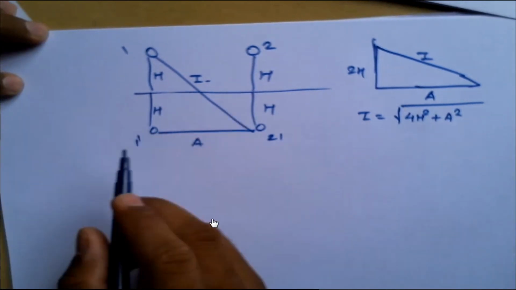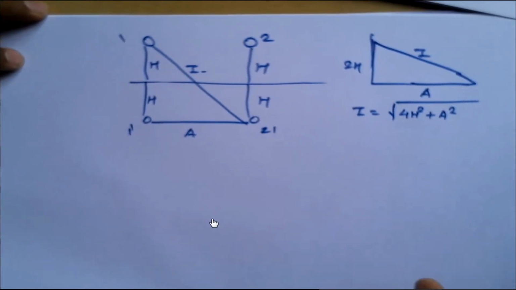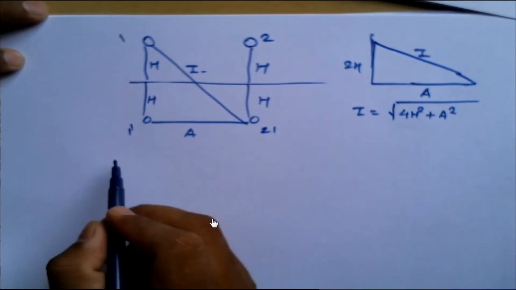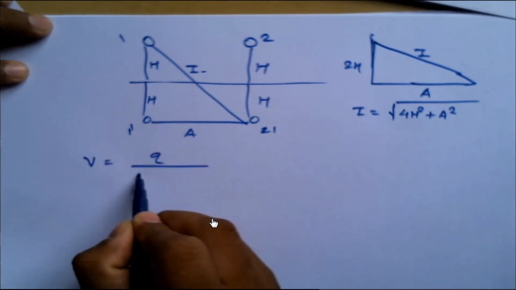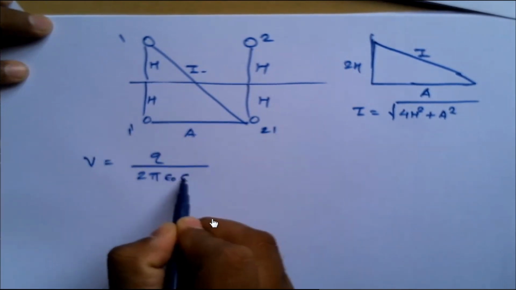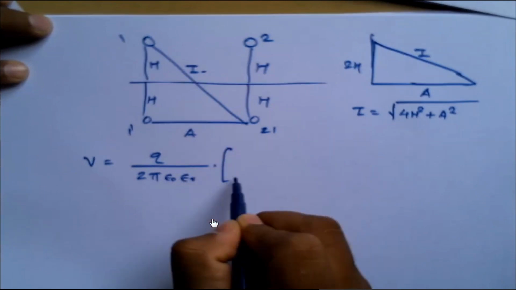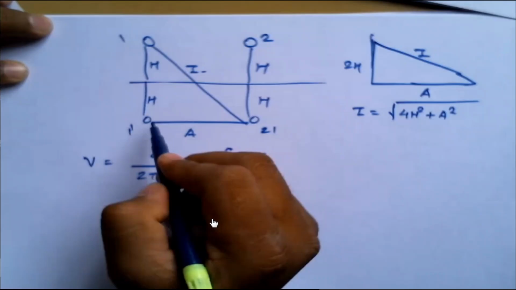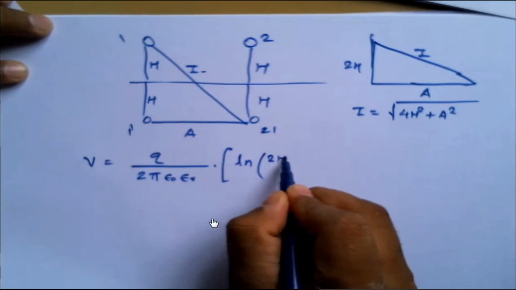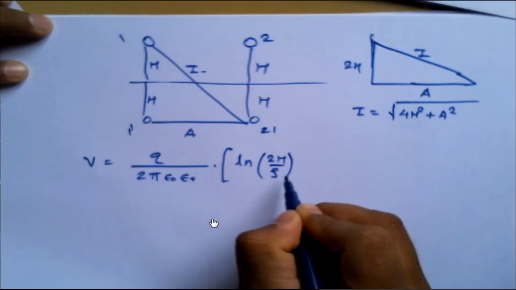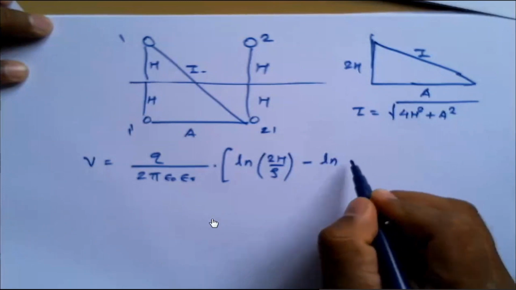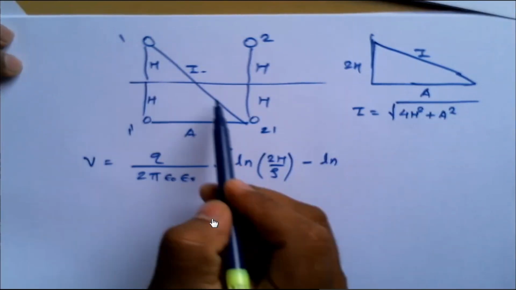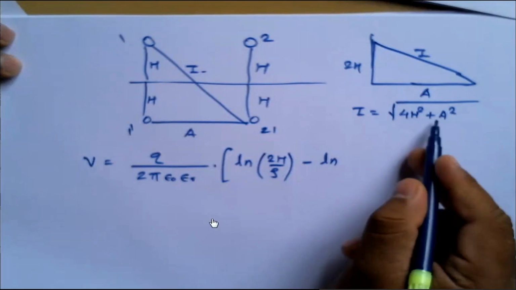So for this particular configuration, I will write down the equation for voltage. So V is equal to Q upon 2 pi epsilon 0 epsilon R into ln of 2h upon rho, minus ln of, yes, it will be I upon A. And what is the I?